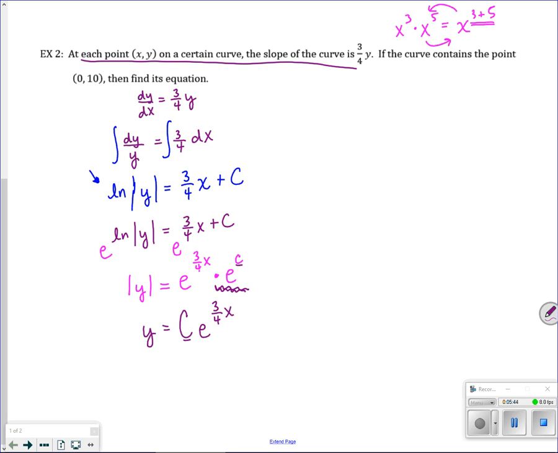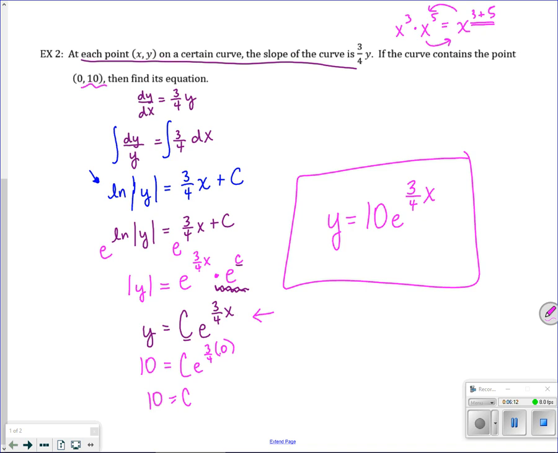You can see in this place, it's so much easier. If you're solving for C, you put in your 0, 10, your initial condition. E to the 0 is 1. I get C equals 10. So I go right back here where I plugged in my initial condition, and I get y equals 10e to the 3/4 x.